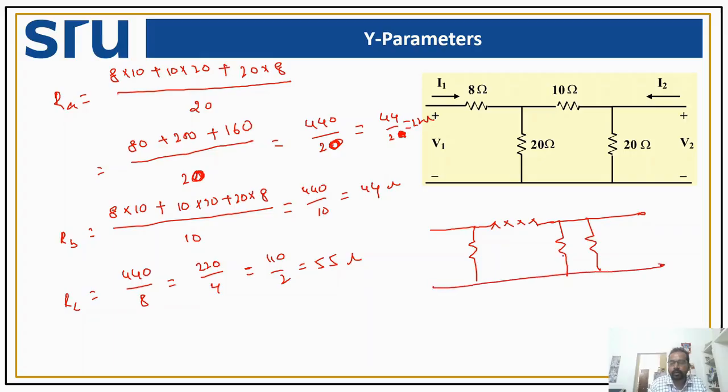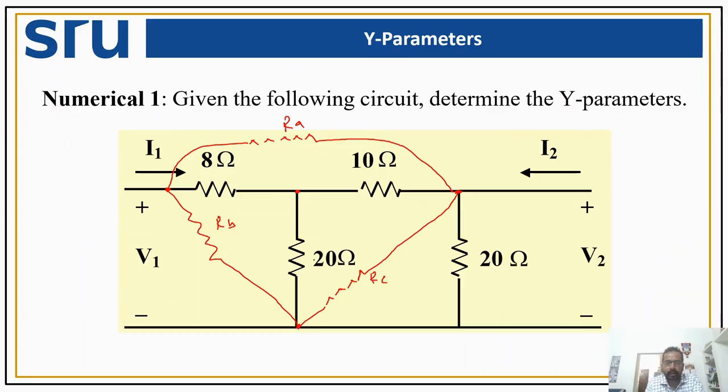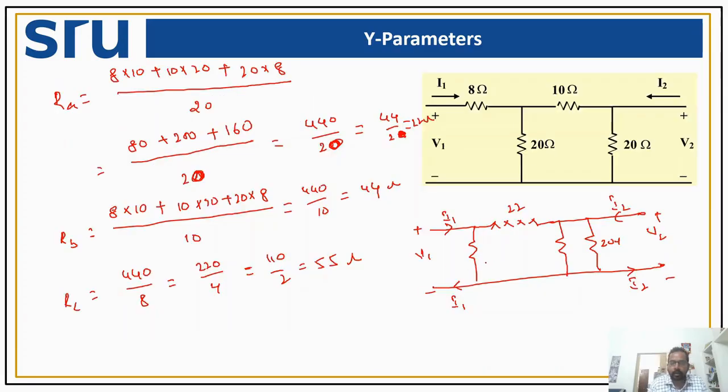If you try to rearrange, this is my V1 plus minus, and this is my V2 plus minus, and this is I1, the entering current I1, and the same current leaves at another terminal. This is I2. So this is my 20 ohm, and this is my RA, that is 22, and we have RB over here. RB is 44, and we have the 55 ohm resistor here.